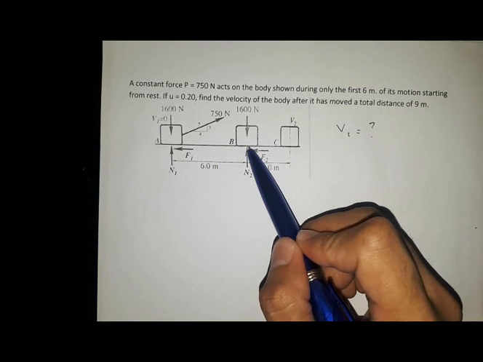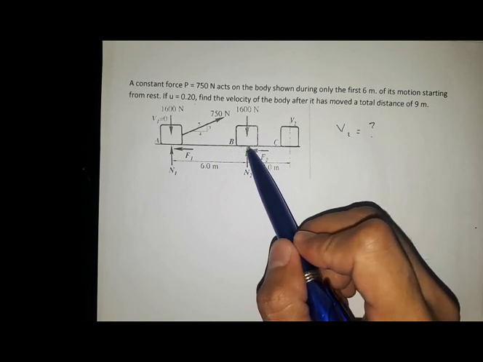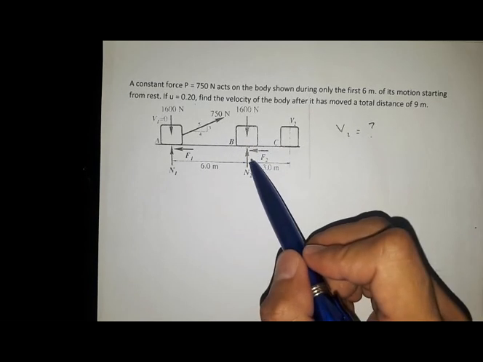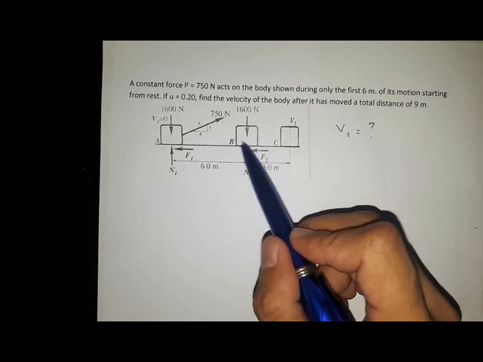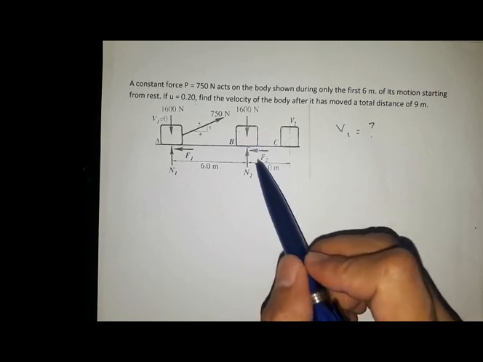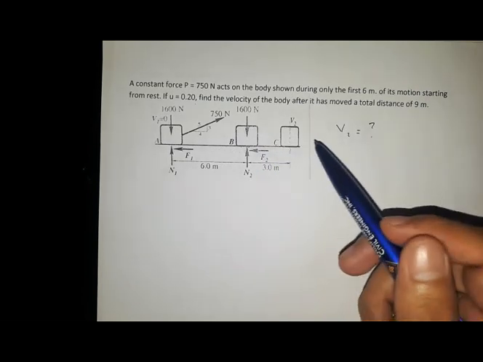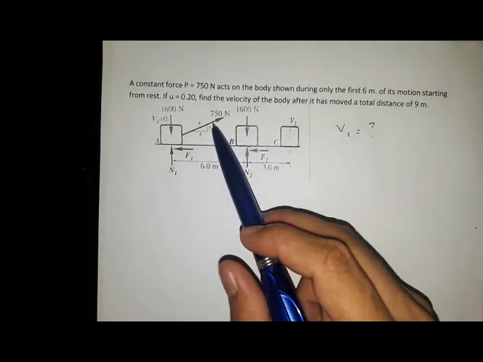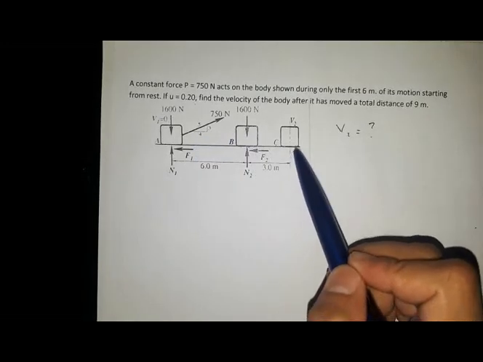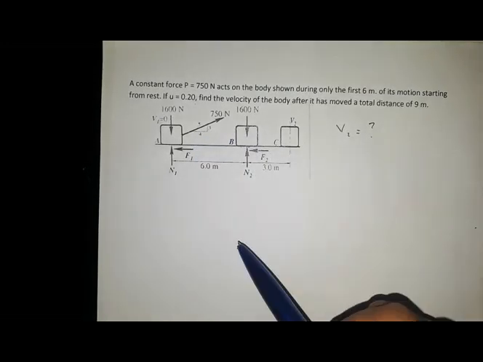Then after 6 meters the force was removed, so the tendency of the block is to move to a certain distance. And now after 3 meters after the force was removed, what is v2?